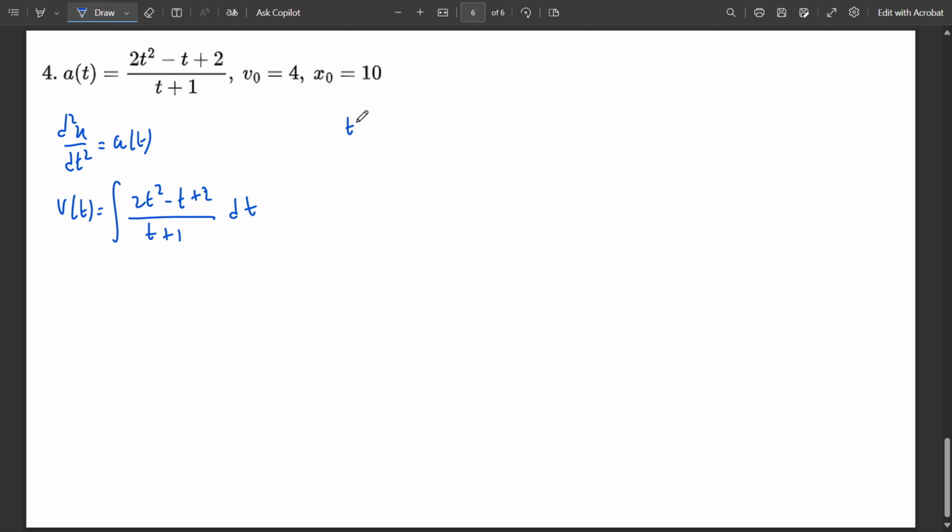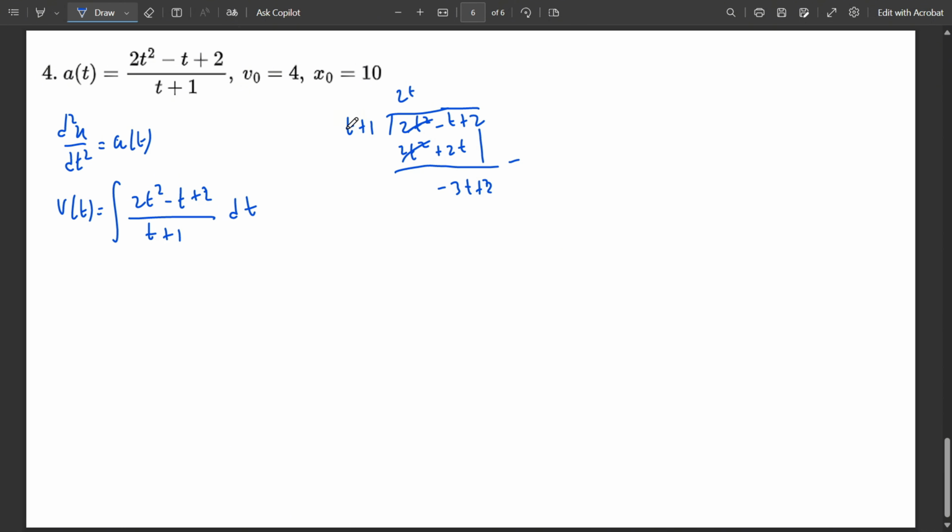So we have t plus 1 into 2t squared minus t plus 2. Let's do long division. 2t times t, we have 2t squared plus 2t. Minus, this cancels out, we have minus 3t, and this goes down, plus 2.